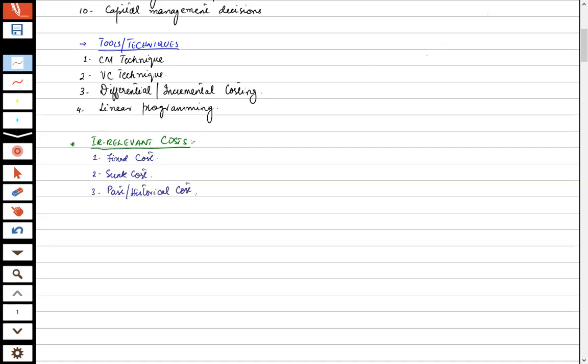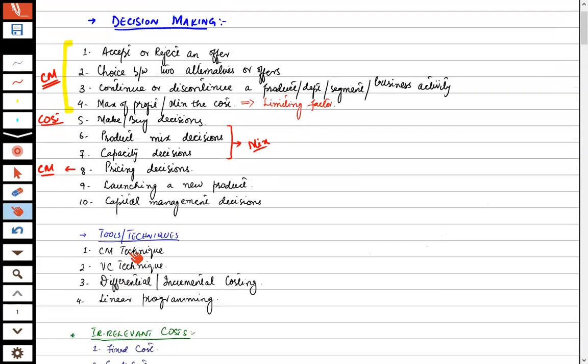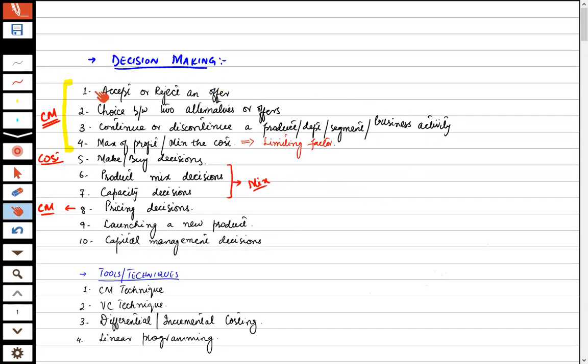So these are the costs that are irrelevant for decision making purposes. Now we will see some practical questions relating to these situations that require decision making. Clear? First of all, we have to see which category our problem falls in. Then we solve it according to this technique.